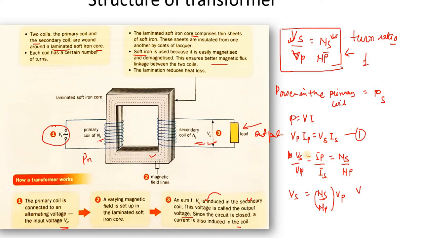If you look at this equation very clearly, if you have more Vs than Vp, then what? It means your Is will be less than the Ip. And this is what we are going to discuss in the step up and step down transformer. In a step up, if the secondary output voltage is more, it means the current will be less.